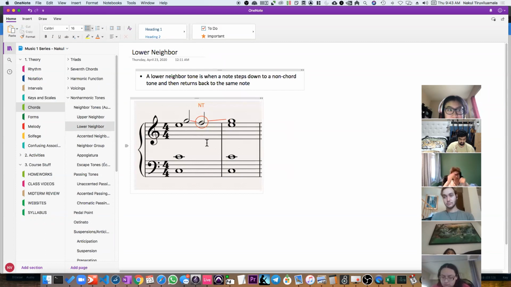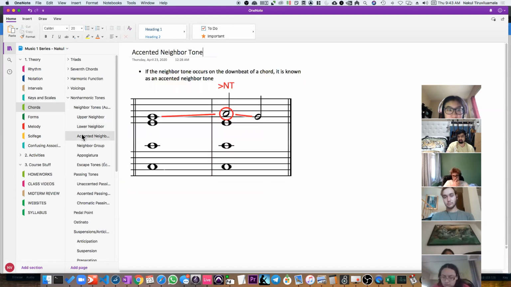So for instance, you have a chord tone, then a dissonant non-harmonic tone, and then you return back to a consonant chord tone. But for added emphasis, you might actually have a dissonance on a downbeat. So you have a chord tone, and the melody moving by some sort of neighbor motion.